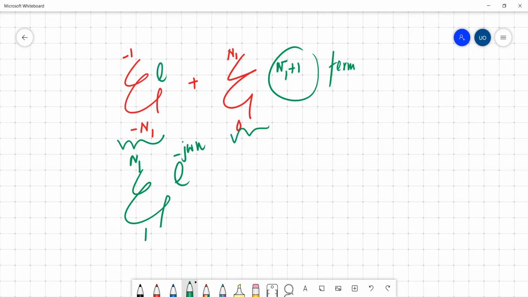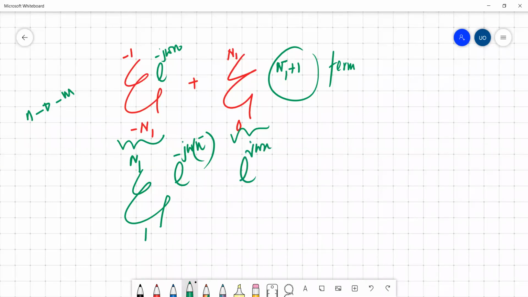If you simply change the index to plus, 1 to n1, what we do is introduce another variable, replacing n with minus n. Nothing else. So then 1 to capital n1, and that negative sign is simply absorbed, so your exponential would be a plus e to the power j omega n.